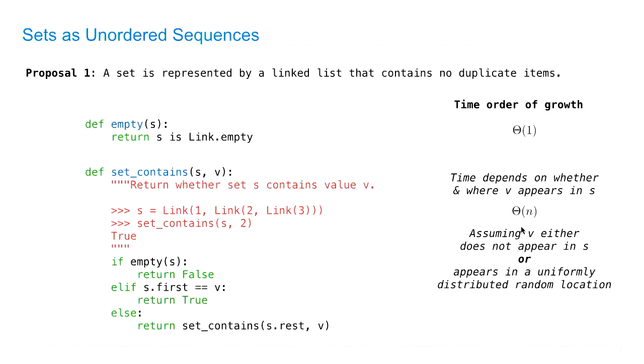Or if you assume that if V's in there, it's in some random spot, then you're going to search through about half the list on average. That might take half n steps, but that's still theta n, because a half is just a constant, and we ignore constants in this order of growth notation.